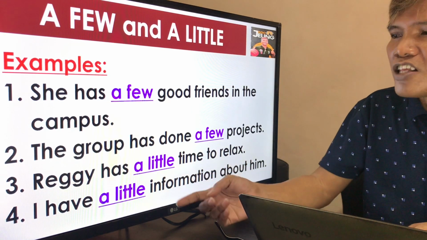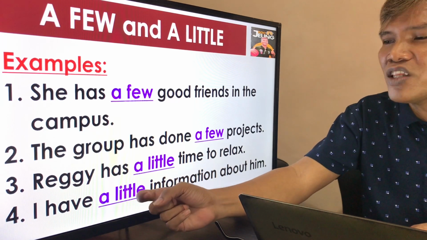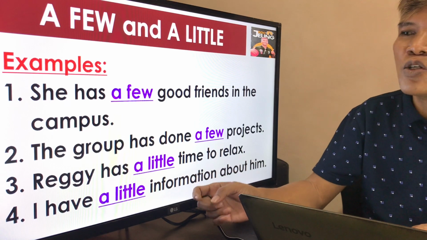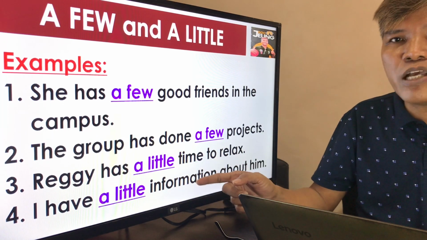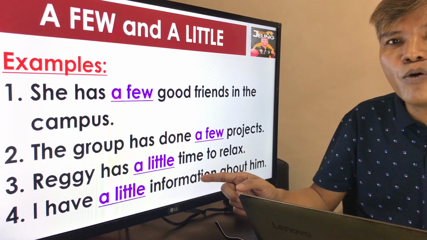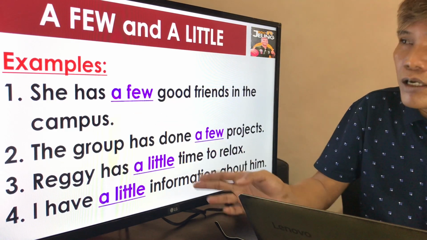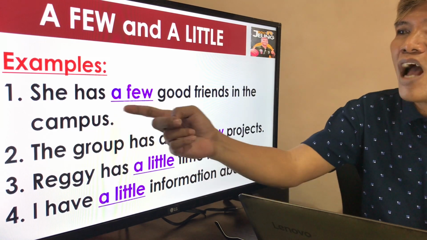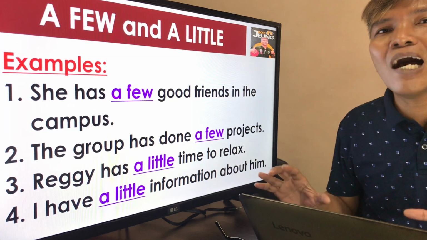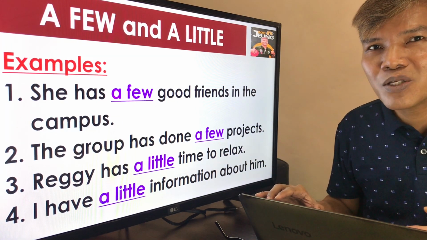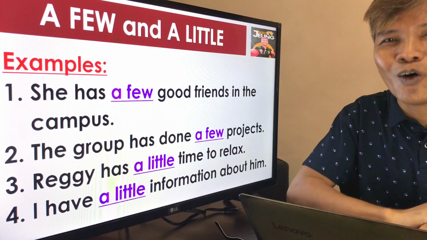So that is why we use a little as our quantifier for information. So for number 3 and number 4, we use a little because time and information are both uncountable nouns, singular. And for 1 and 2, a few, because friends and projects are both countable nouns, and they are in the plural form.